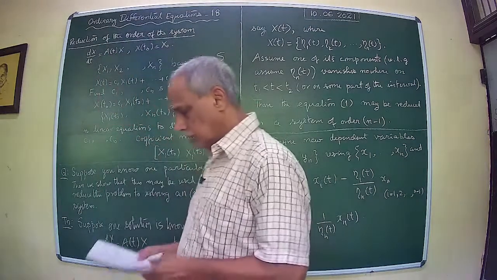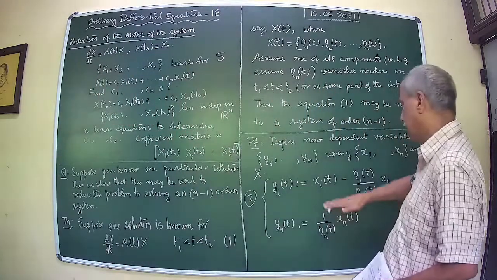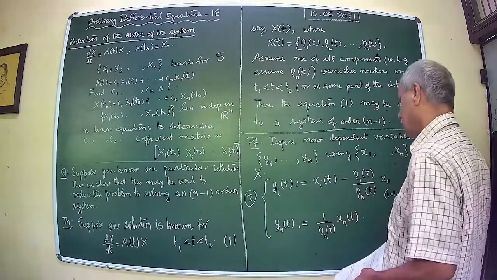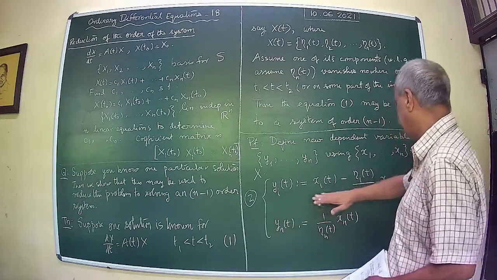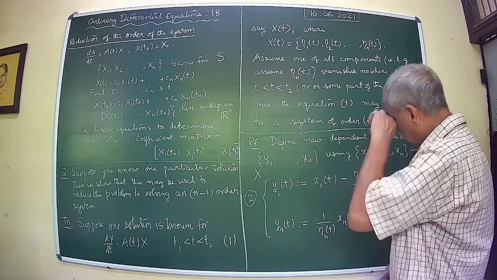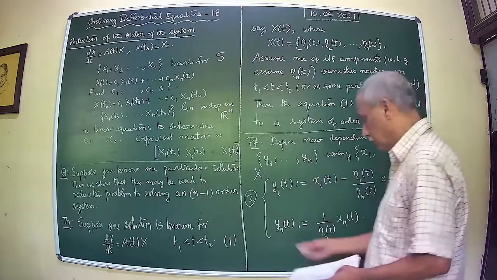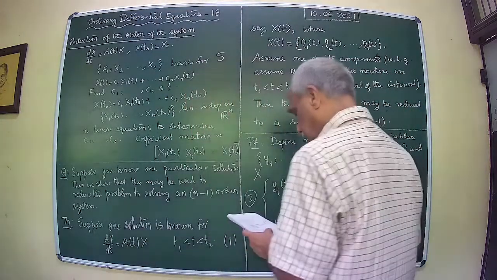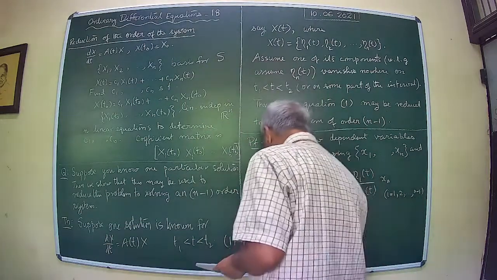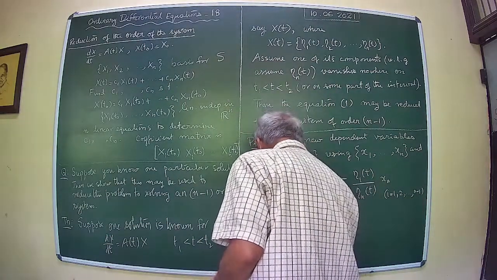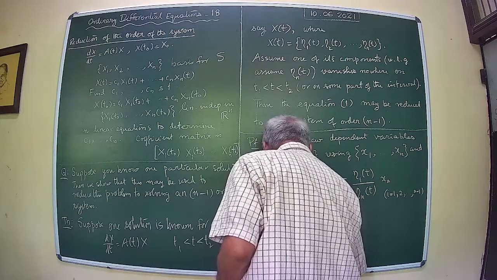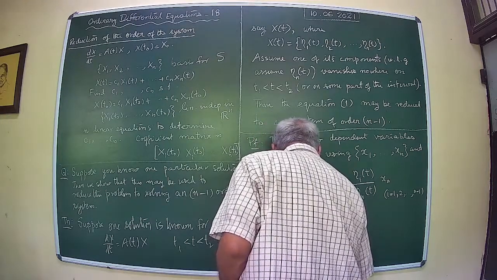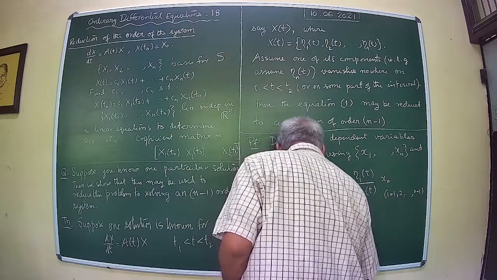Then you see, you can get back xi's from this. Once you know y's, xi's can be obtained from this. Let us write down the whole thing. This is possible, it's well defined.